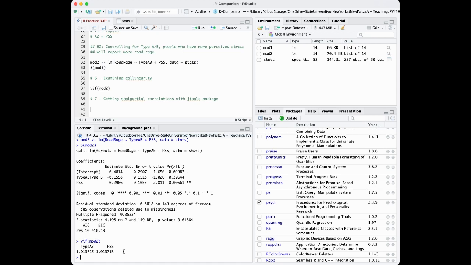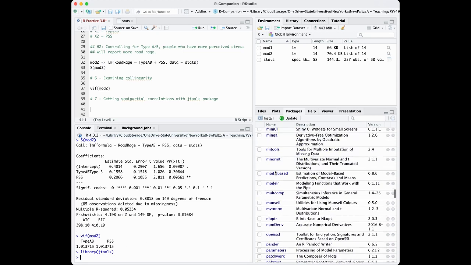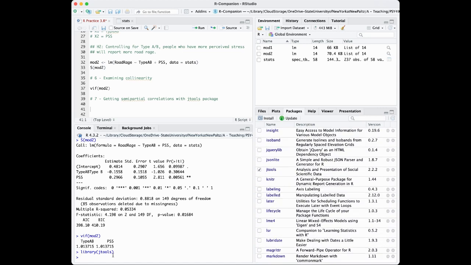So if you haven't already done so, you would want to install JTools and then load it with the library function, or just going to JTools in your list and clicking that. And we use the summary function in JTools and part core equals true to get the semi-partial correlations. And these you can safely compare to each other to determine which one is increasing the estimation power of our regression on top of the other one.